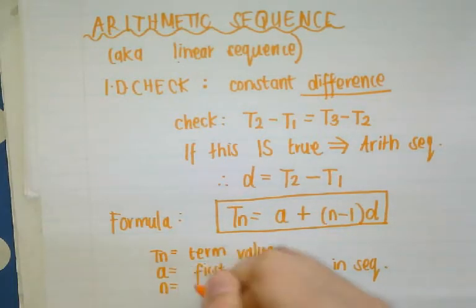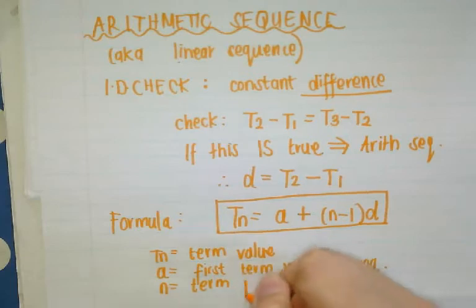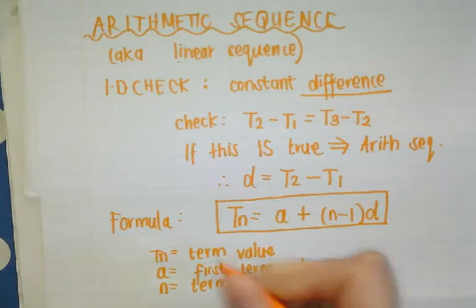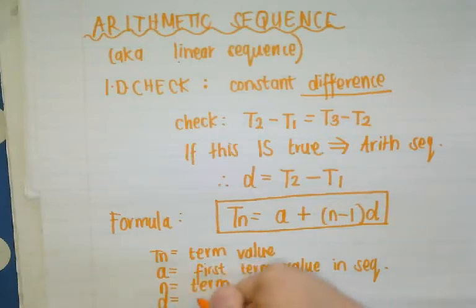N is the term position that I am referring to. And D would be that constant difference that we calculate.